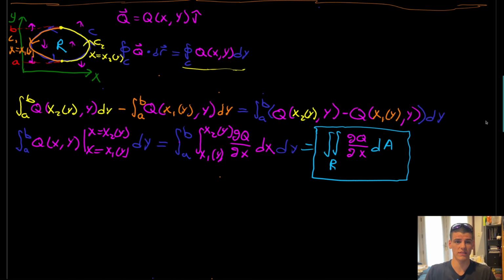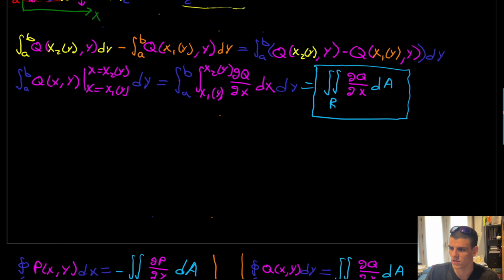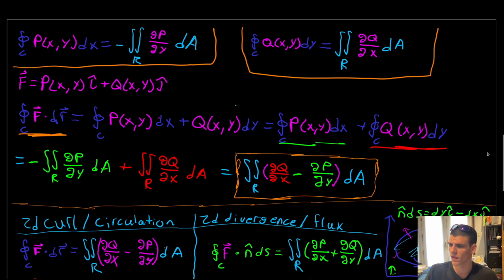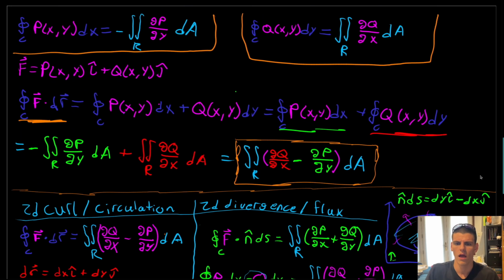And then we did the same thing for this vector field with only j components, and then we combined those together to get to our Green's theorem. And I hope that you really understood why the counterclockwise rotation translated exactly to these steps that we needed to do and how that makes sense.